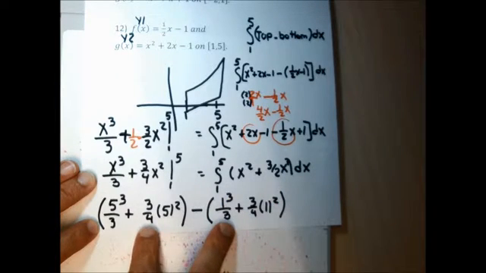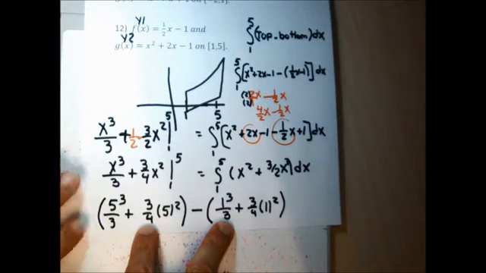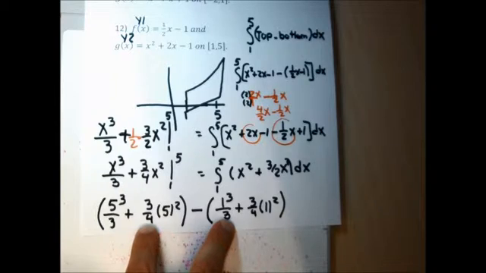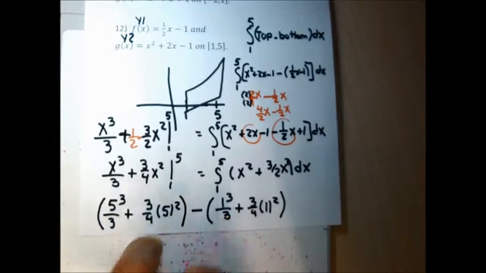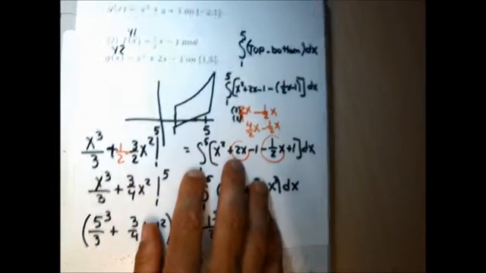I'm going to use my calculator to get both of these, and they're probably going to turn into decimals. I'm going to make those decimals into fractions. So let me give this a go here.